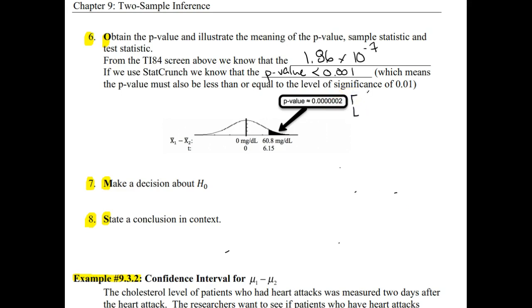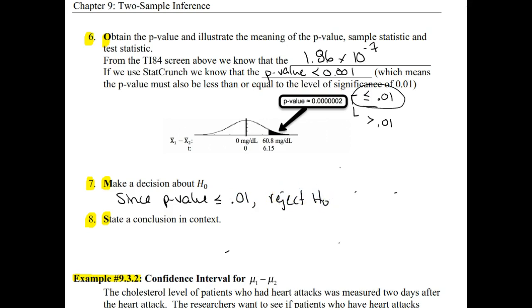And again, our level of significance here was 0.01, so this p-value, teeny, teeny, tiny. So definitely less than or equal to 0.01. So since p-value is less than or equal to 0.01, we would reject H0.